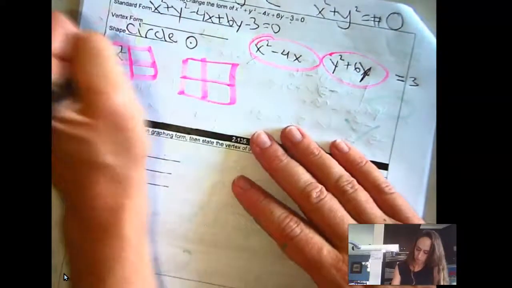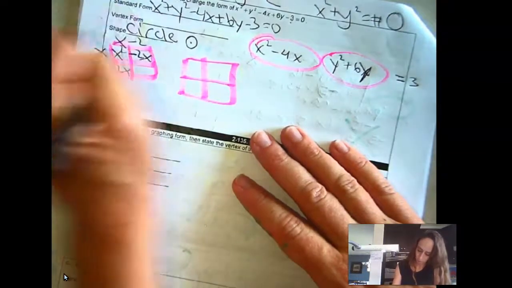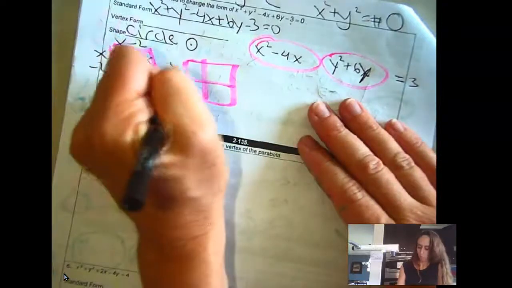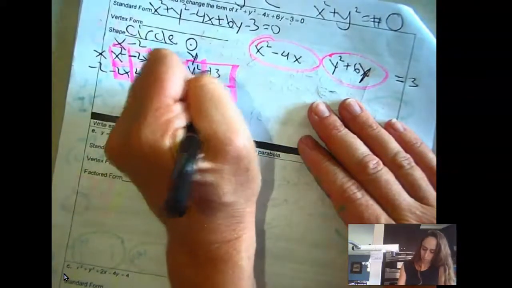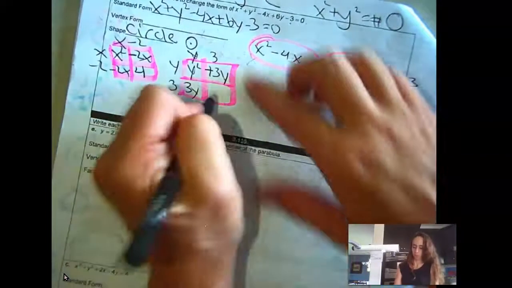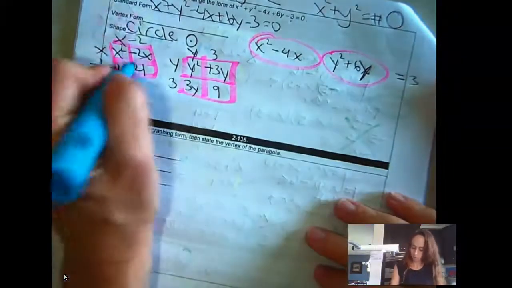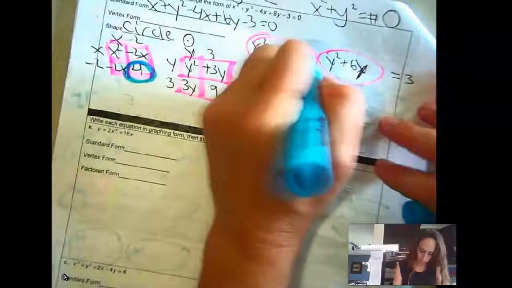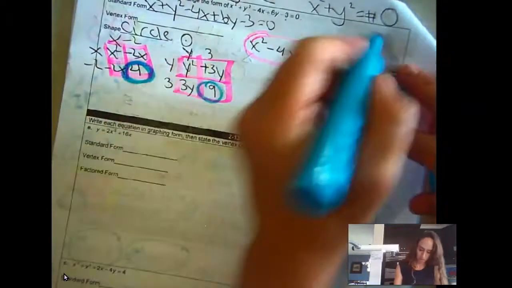X squared, negative half of it, x, negative 2, 4. Y squared. Y plus 3y, 3y, 3. Okay, 3 times 3 is 9. All right. So now what I do is this goes plus 4. And this one goes plus 9.